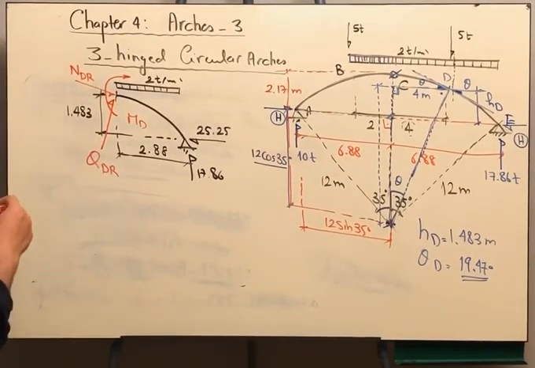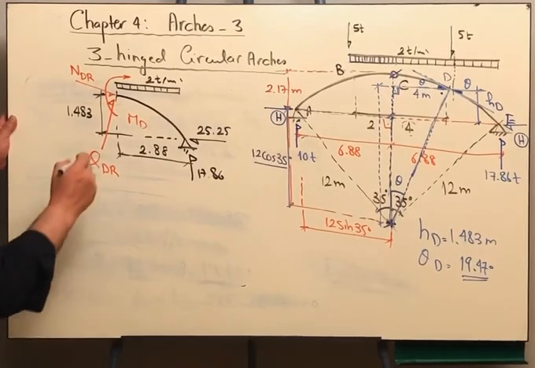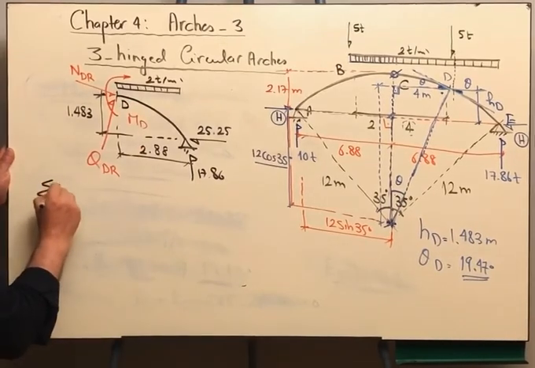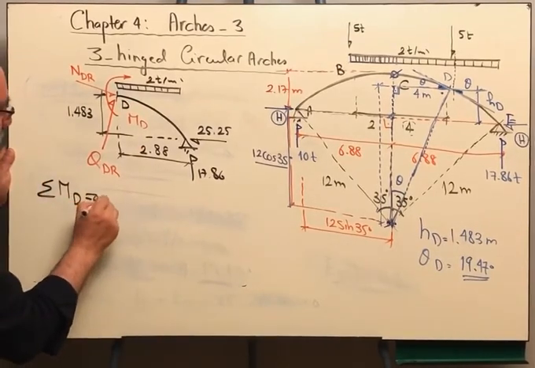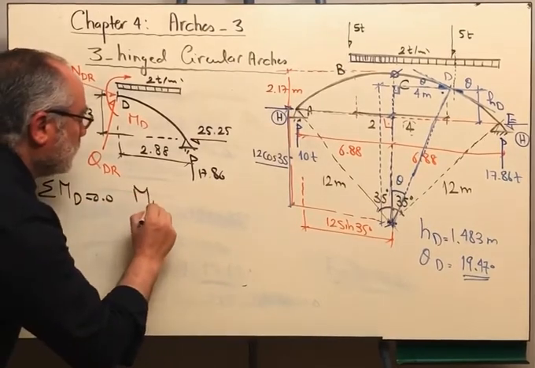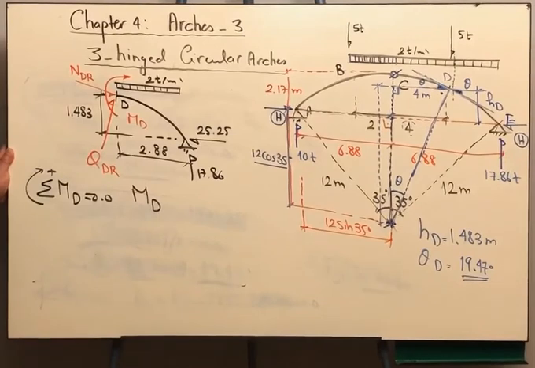We can now solve for everything. So we are going to say, let us take the moment about point D itself, sigma. The moment about point D is equal to 0. This is the positive direction. Don't forget to include the internal moment that I want to get, MD. Okay?